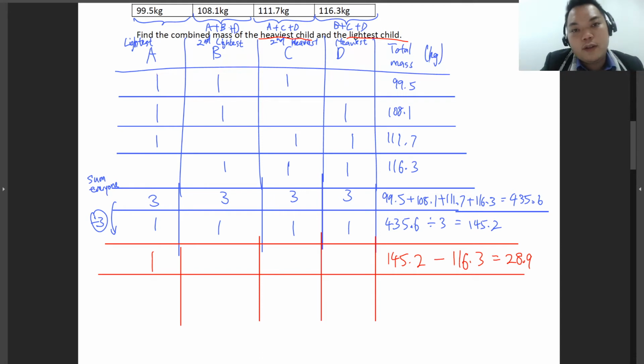Okay, and to find D similarly, the idea here is when you want to find something, the implication is that you don't want anything else in the way. So you want to get rid of everything else that's not relevant to your objective. So that's the cruel implication of math. You want to get rid of things that are in the way.